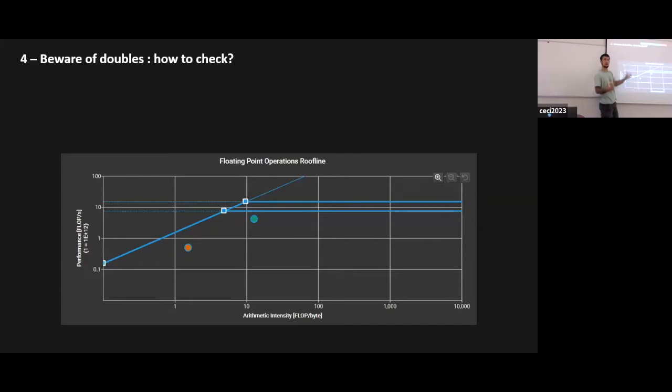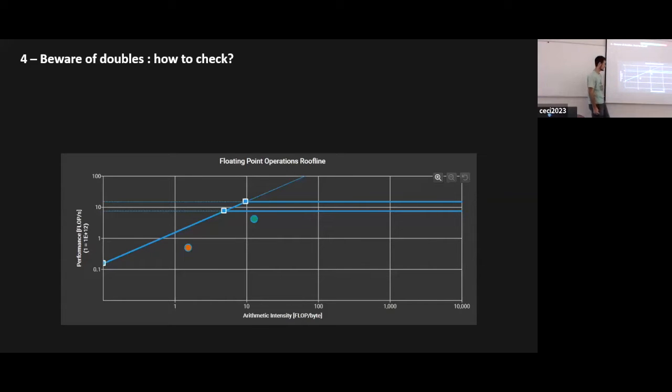If you use the full bandwidth of your GPU, you are going to be somewhere on that line. For example, if for each byte that you load, you do one floating point operation, you are going to be located here. And if you are able to load data at the maximum speed of the GPU, you are going to be on this roofline for the bandwidth.